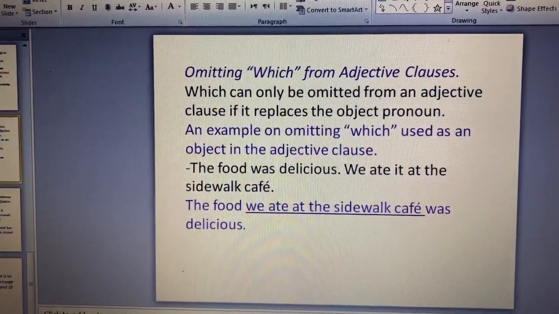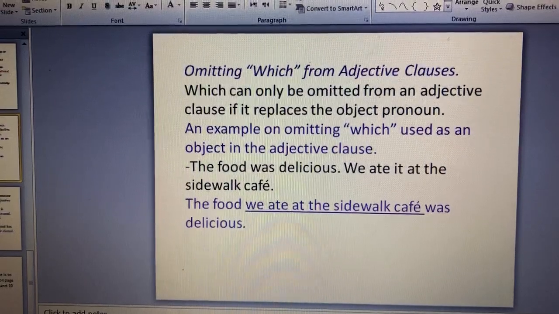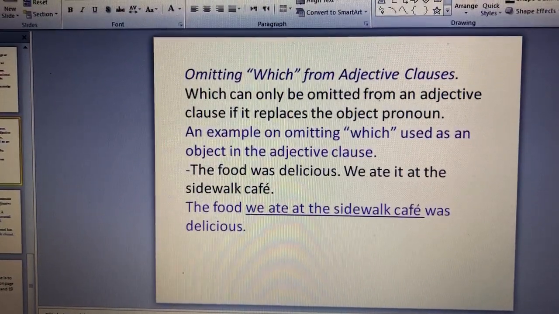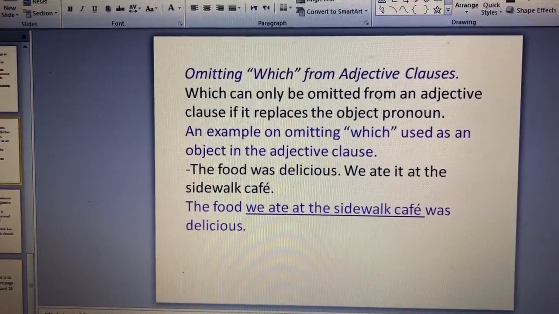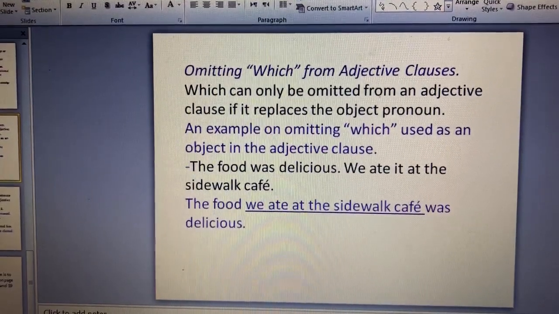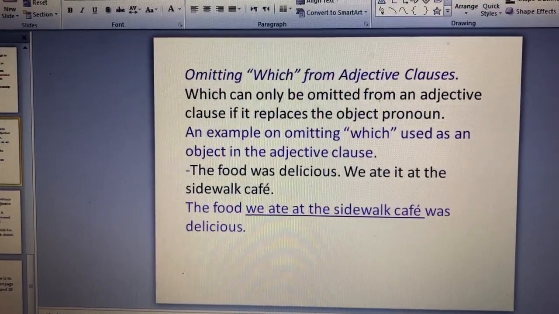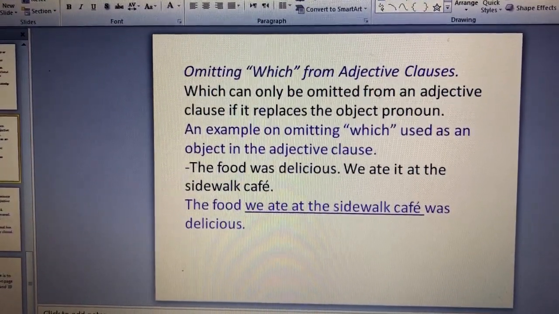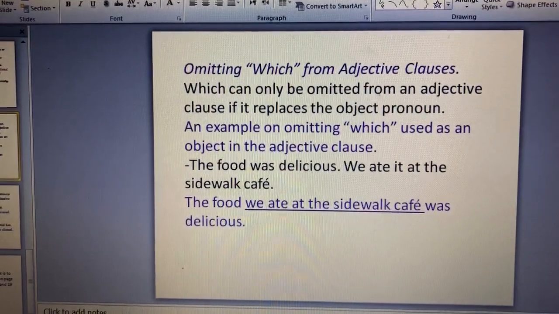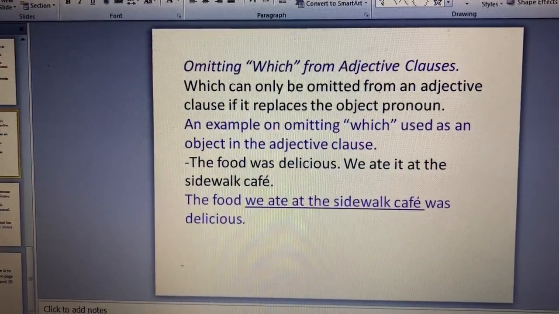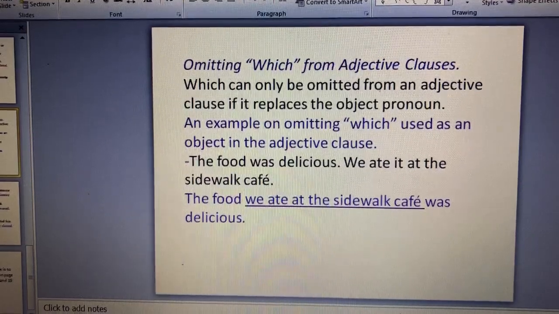An example, the food was delicious. We ate it at the sidewalk cafe. As you noticed here, the noun food functions as the subject of the first clause. In the second clause, we have an object pronoun it.